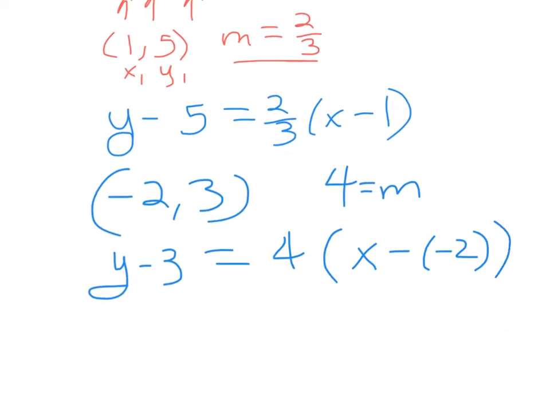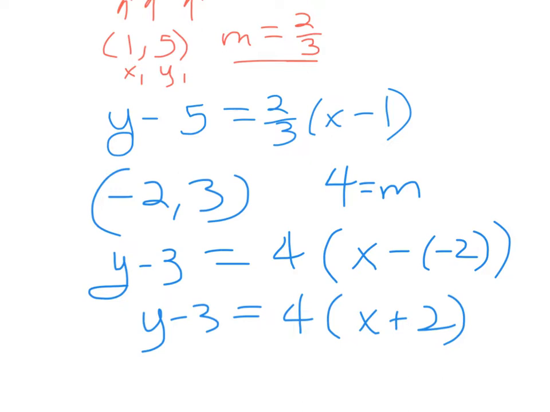Notice this negative is going to turn this into an x plus 2. So if it says point slope, you leave it just like that. You could also distribute the 4 and move the 3 over and convert it to slope-intercept form. But if it says point slope, all you do is replace the 3 numbers, and that's it.